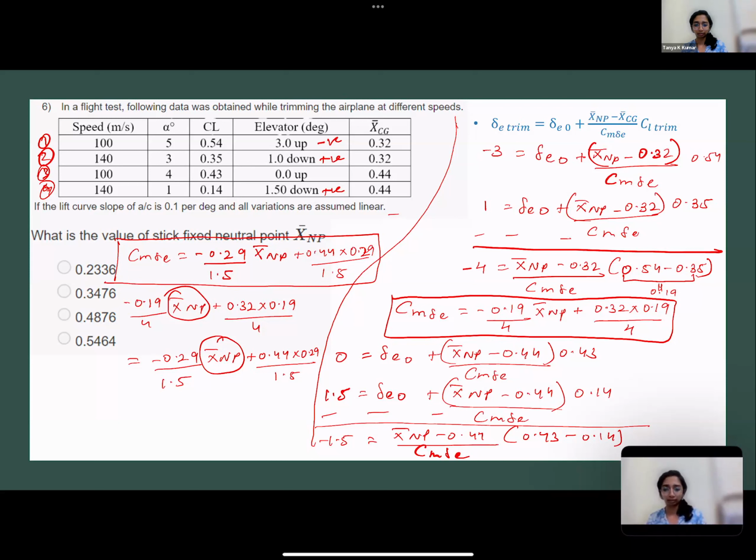All right. So can you just tell me what x bar NP value is? .487.